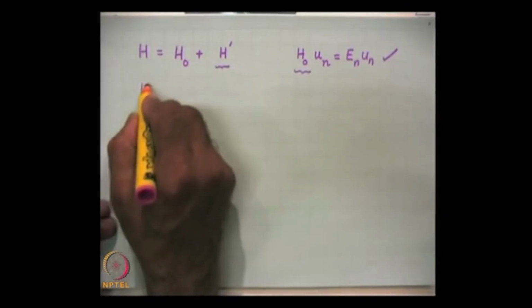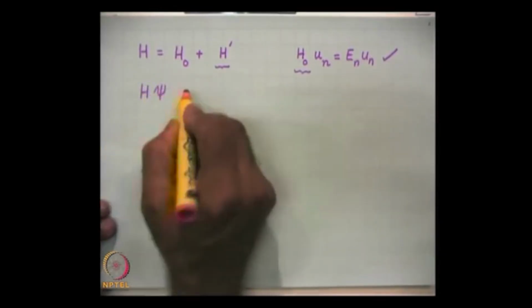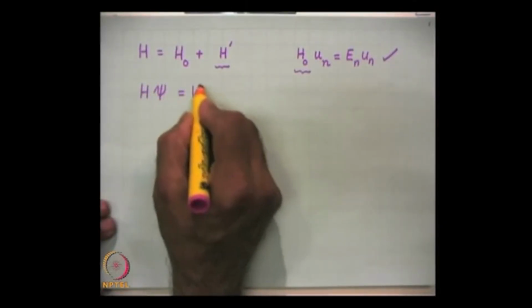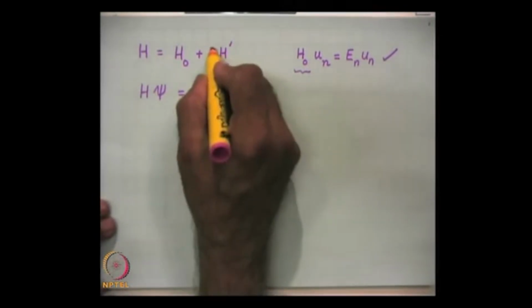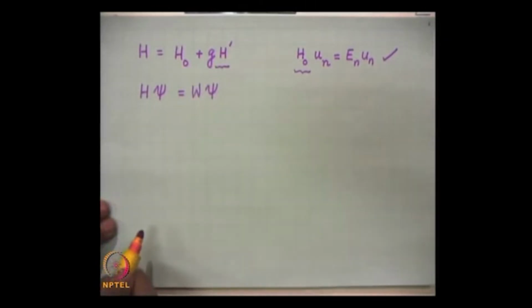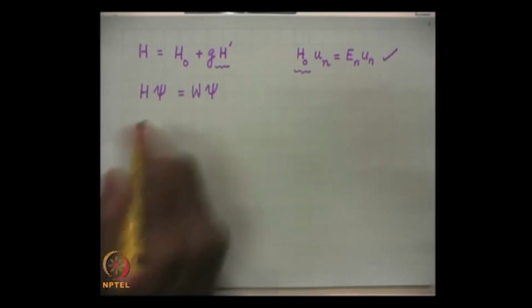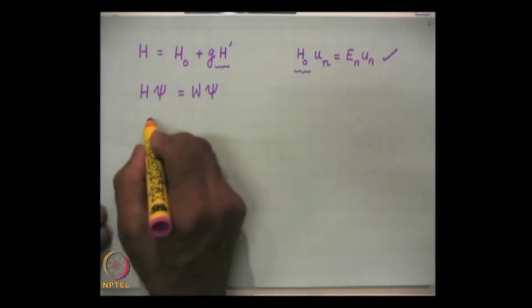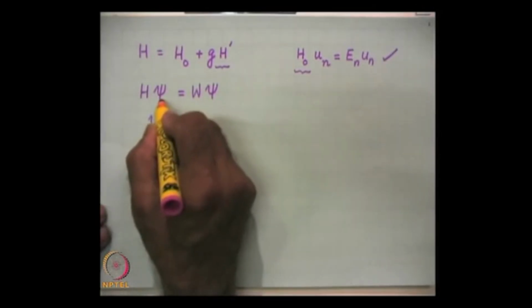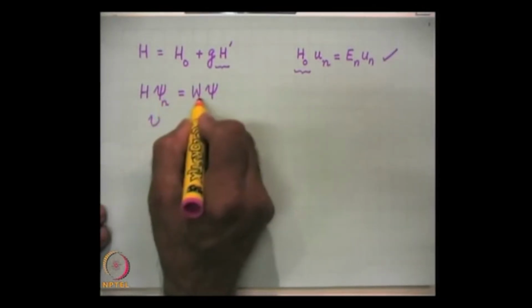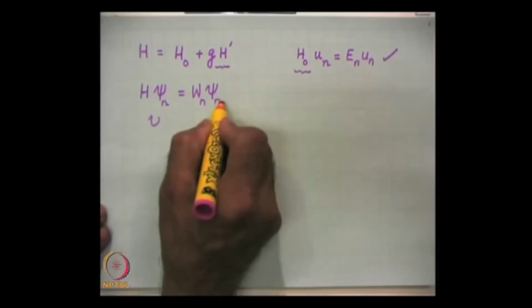Our objective is to solve this equation, H psi is equal to W psi. We introduce a parameter g, which is a parameter between 0 and 1, and we made a parametric expansion of psi. Our objective is to find the perturbation to the nth state.